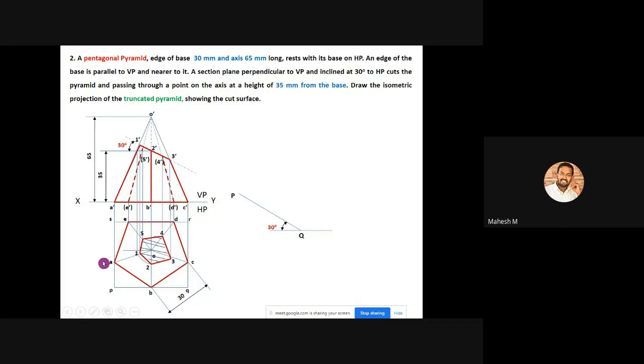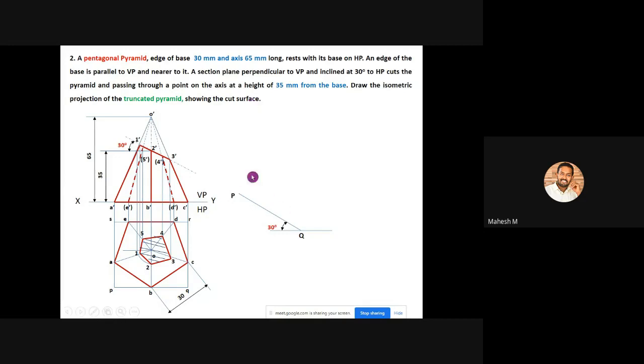Initially please create this PQ in the left side direction, because only then can you see this cut section. In the problem itself they have clearly mentioned to draw the isometric projection of the truncated pyramid showing the cut surface. So we have to show the cut surface in the isometric projection.